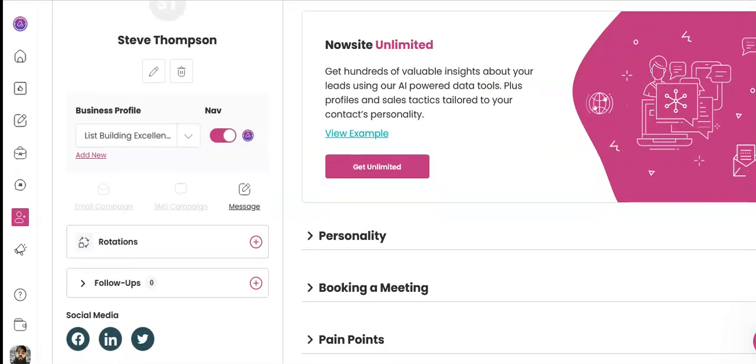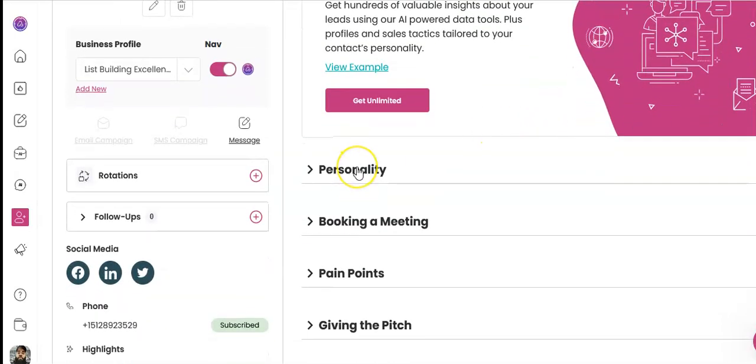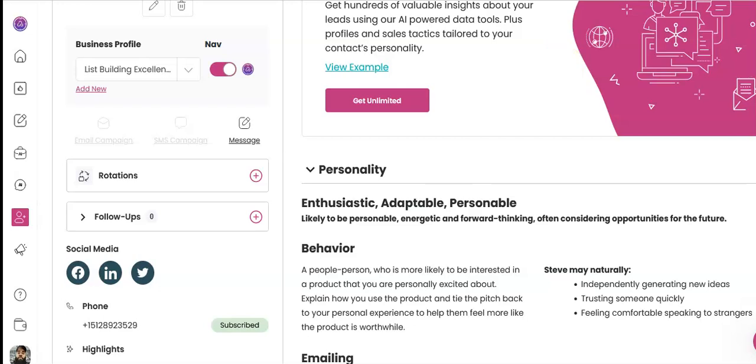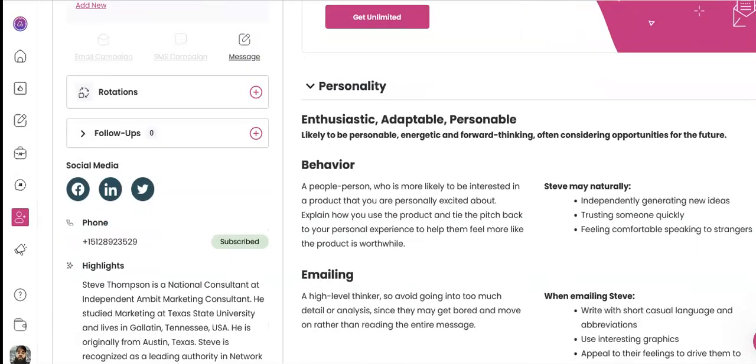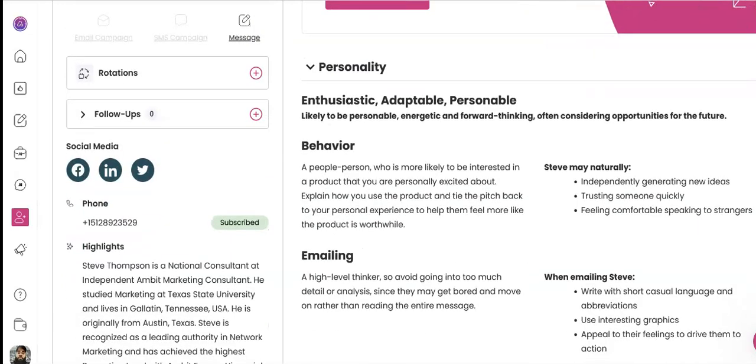Now, this is a personality report. Look at this. About Steve: enthusiastic, adaptable, personable, energetic, and forward-thinking, often considering opportunities for the future.